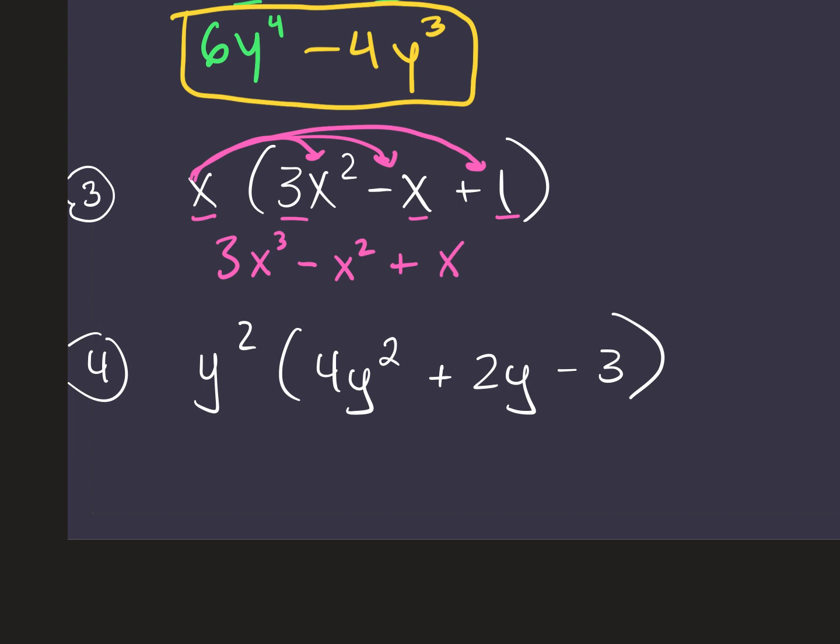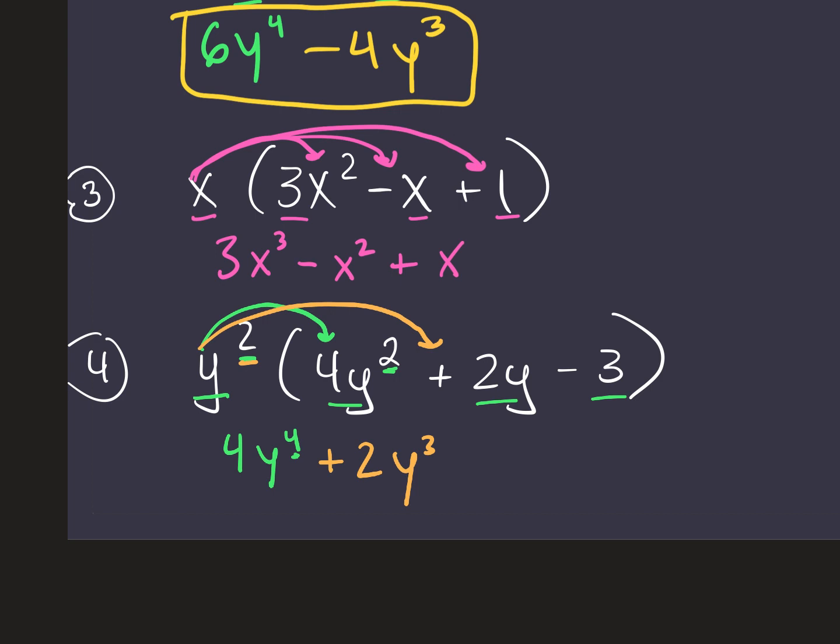And then for 4, so we have one term on the outside, again 3 terms on the inside, so we have to distribute. Y squared times 4y squared would be 4y to the fourth power, because I have 2 y's and 2 y's, so we add them together until we get 4. Then I have y squared times 2y, so this would be plus 2y to the third power.